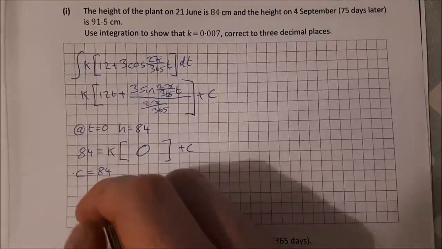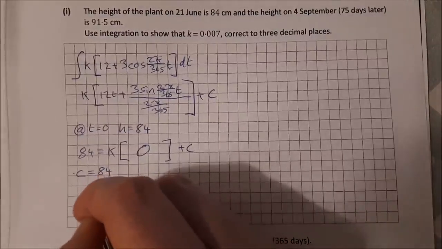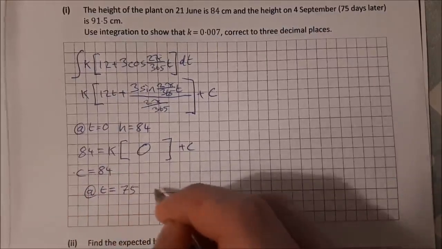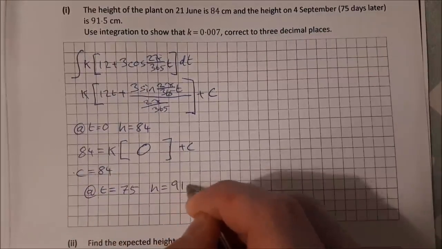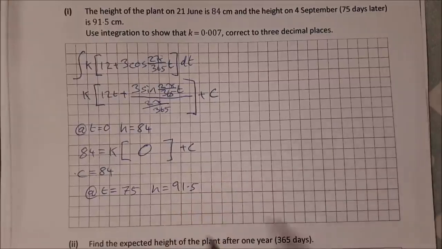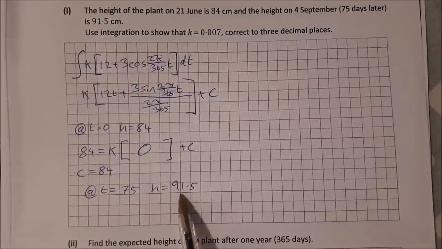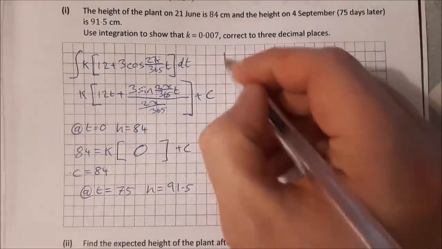Now the other bit of information that I'm told is that at t equal to 75, h is equal to 91.5. So if now I sub in t equal to 75, I get the answer of h is 91.5, and that will give me my k.